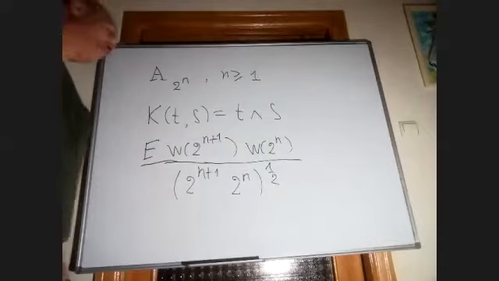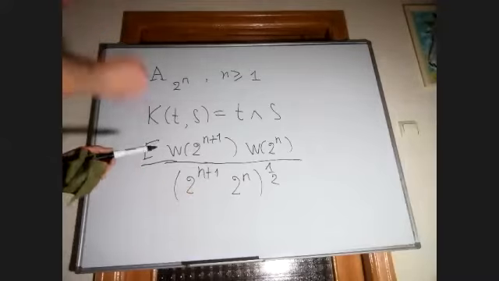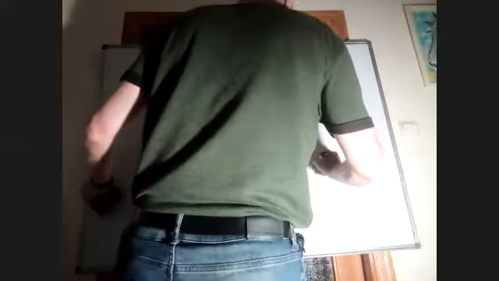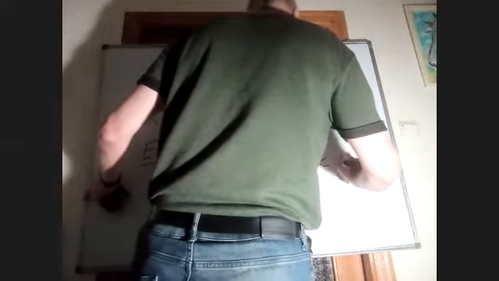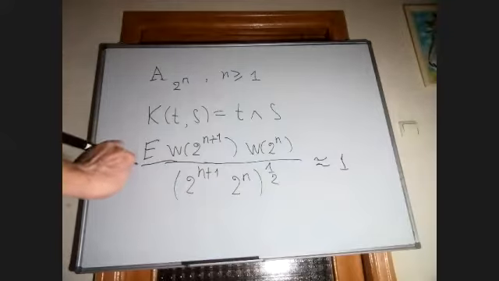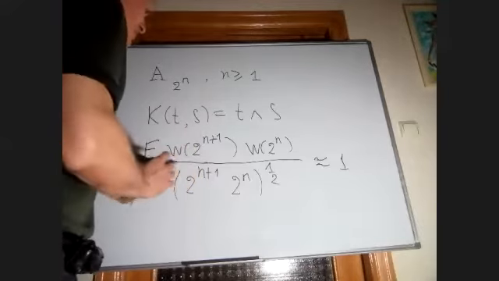Then what we will see, here we have 2^n, and here we also have 2^n. So we have just like 1. But if I take here instead of 2, I take here 3 or bigger.